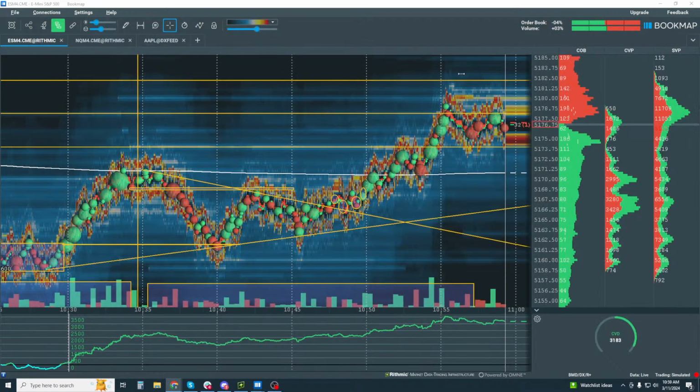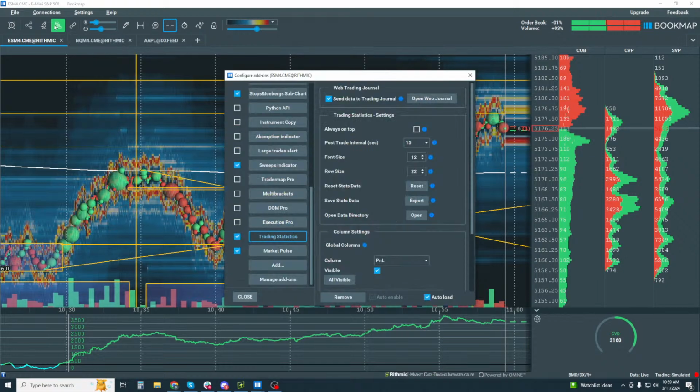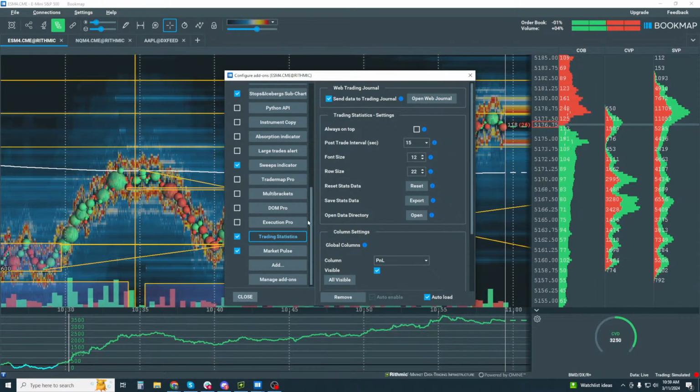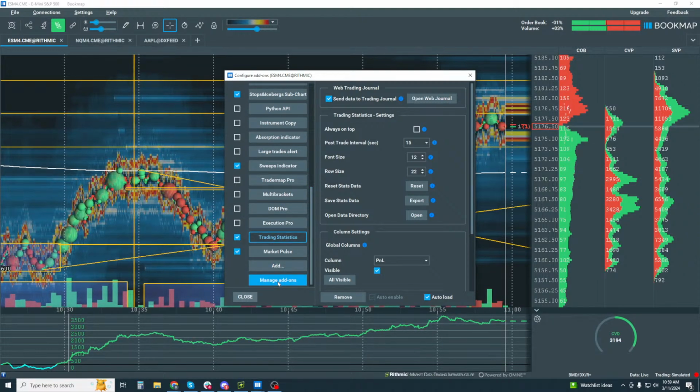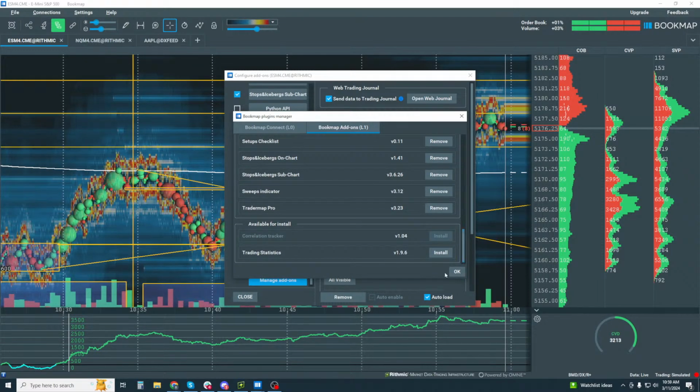Let me show you first how you initiate it here. Go up to configure add-ons. You will need to have this open here, trading statistics. Open that up. If you don't see it in here, click on your manage add-ons, and you will see it in here. Okay, it's down here if you haven't installed it, and install it.